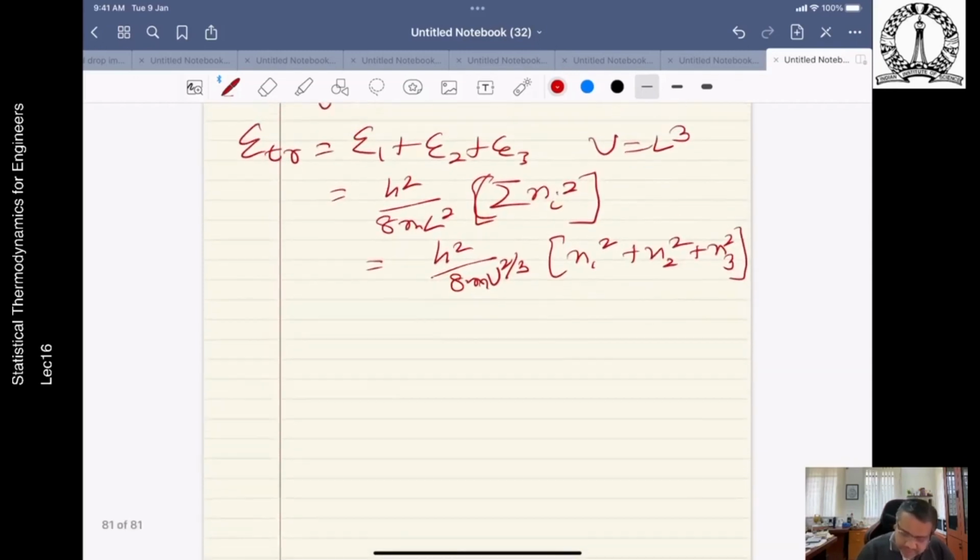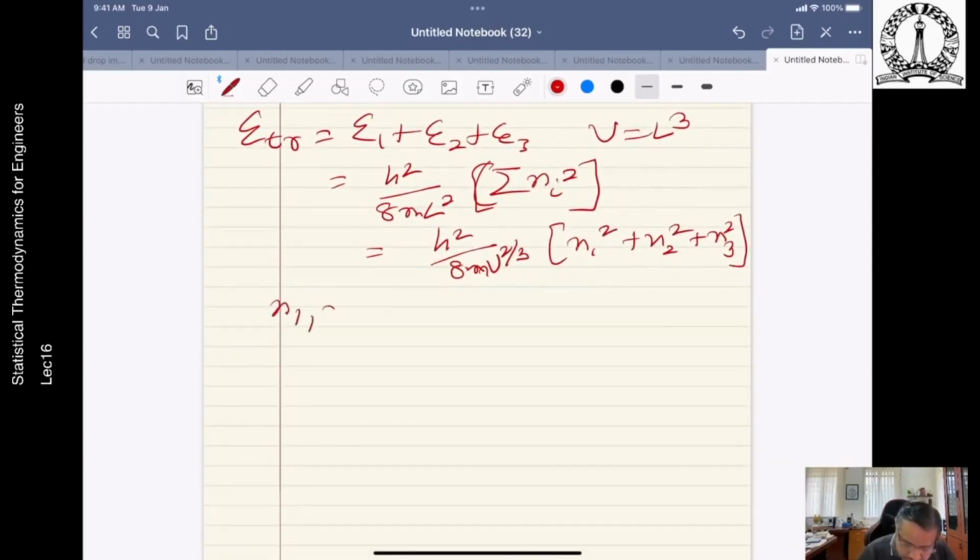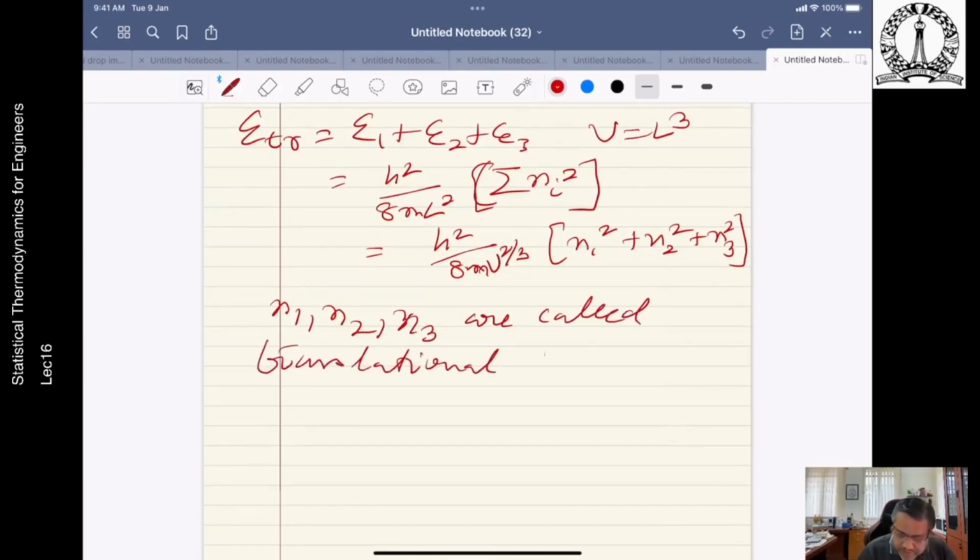These n1, n2, n3 are called translational quantum numbers, which are also connected to the degrees of freedom of the system.